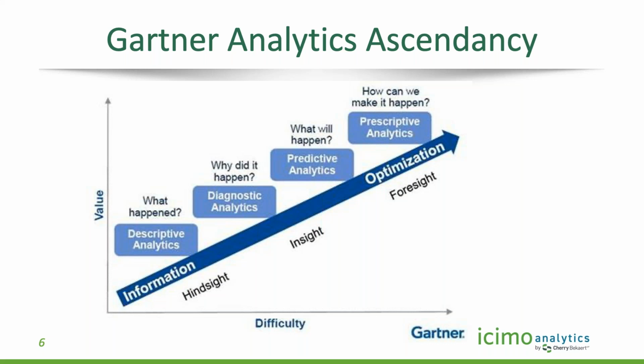Now, as you can see in their analytics ascendancy, value increases and difficulty increases as you move along the spectrum. But one of the things I want to talk about as you look at this is that this leads us to believe that we're all trying to get to prescriptive analytics.